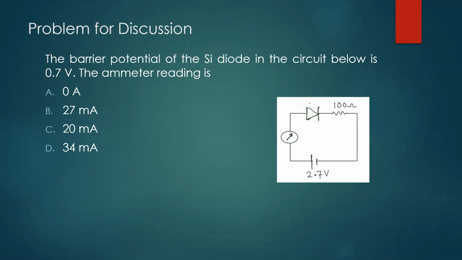So here you can say that I have some opposing potential of 0.7. So what is available? 2 volts is available. So 2 by 100, that's 20 milliamperes.